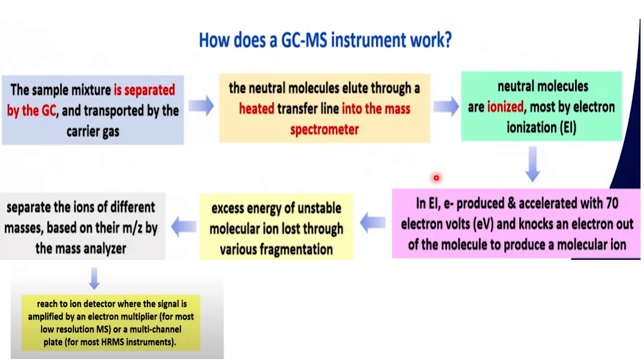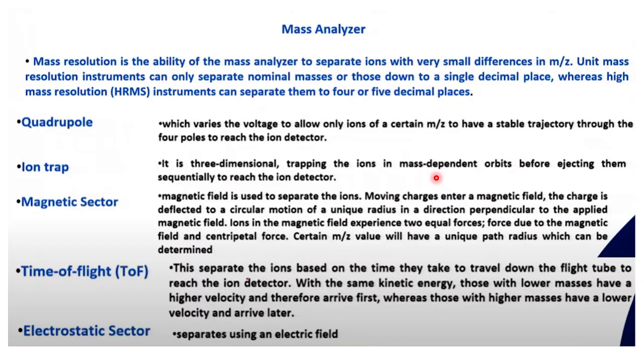To stabilize that, it will fragment into different ions, and then there is a mixture of species with different m/z. The mass analyzer detects the different m/z produced, and that reaches the ion detector where the signal is amplified by an electron multiplier, and you will get the mass of the material.